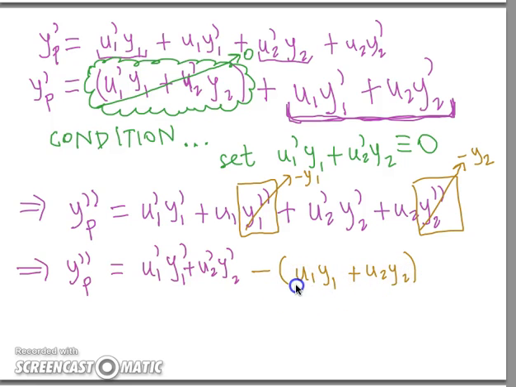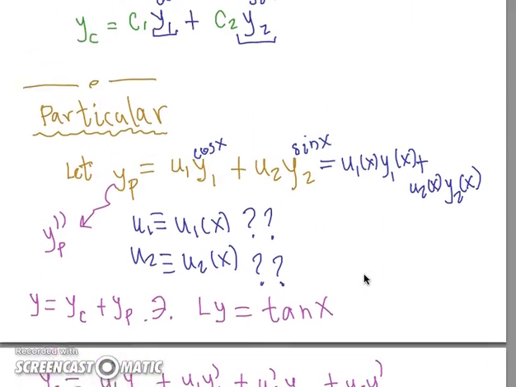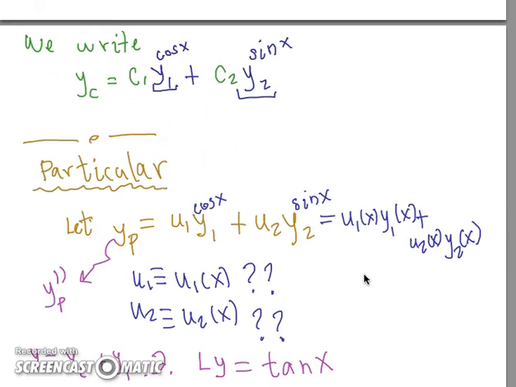But let's not forget that this is exactly what we had defined. We had proposed, that's how we started, that the particular solution be u1 y1 plus u2 y2. In other words, a linear combination with non-constant coefficients, u1, u2 being functions of x, right?